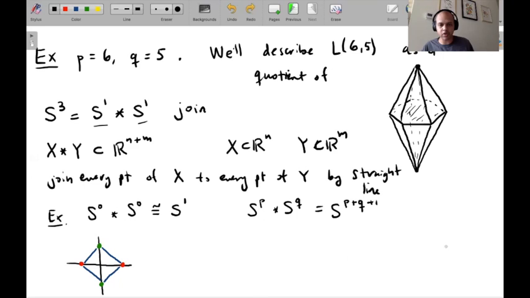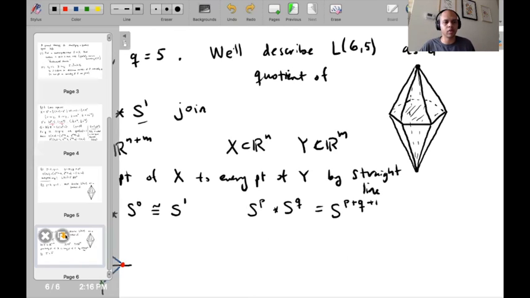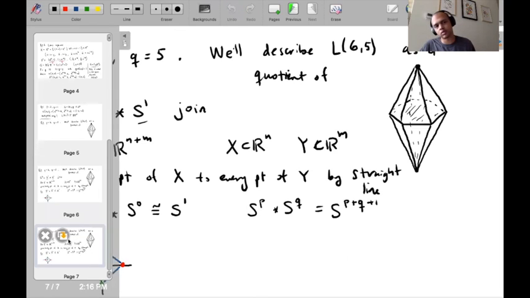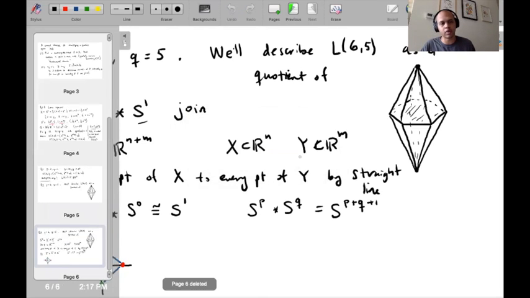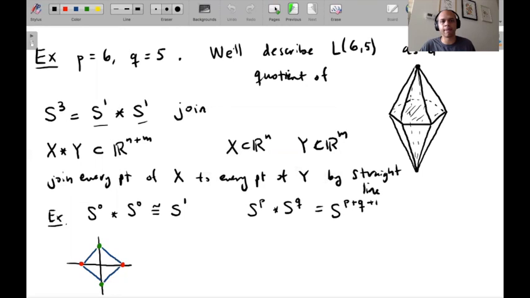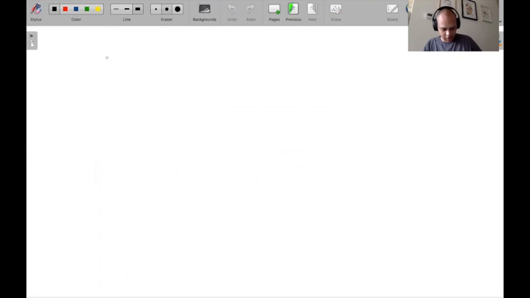And so let me draw a picture. Sorry, let's do a new page. Right, so here's a picture of how this join works.